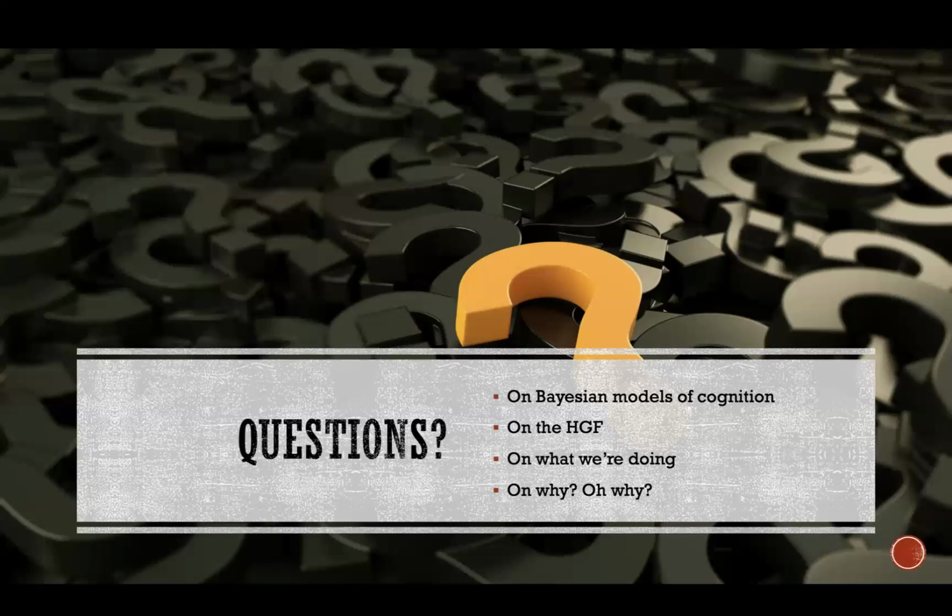So the general idea in the HGF is that you are trying to estimate something in the environment, right? Which in our case could be the distribution of red and green in the urn.